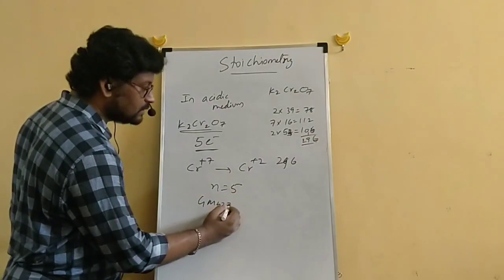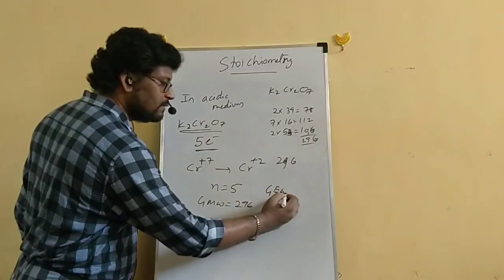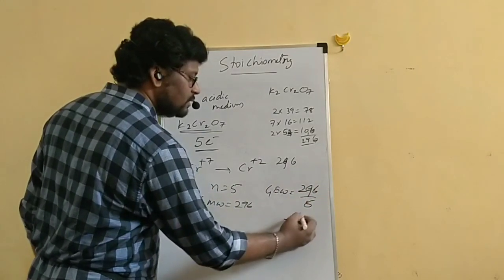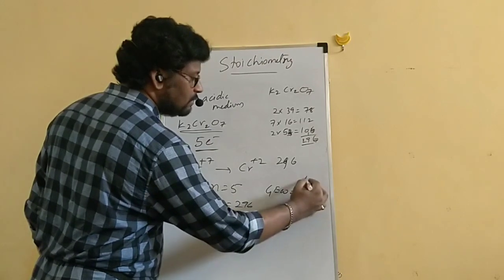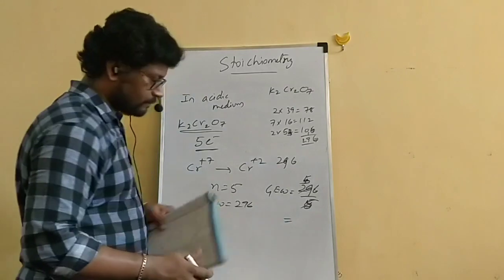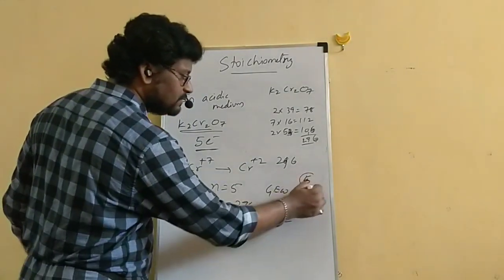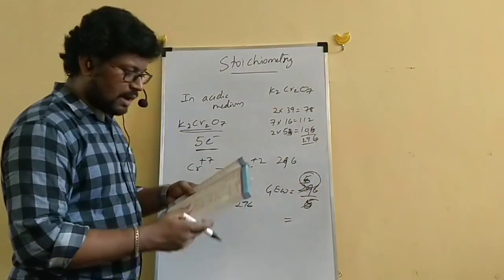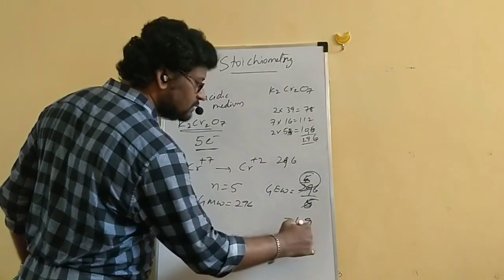Gram molecular weight is equal to 296, then gram equivalent weight is equal to 296 divided by 5, which is approximately equal to 50. Option is 49 grams they give. That is option 49, approximately equal to 49.